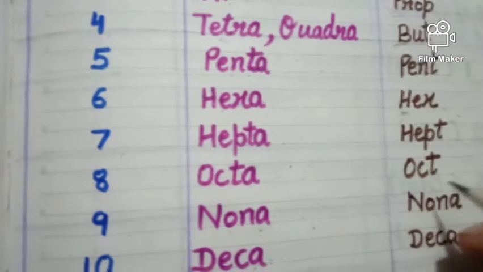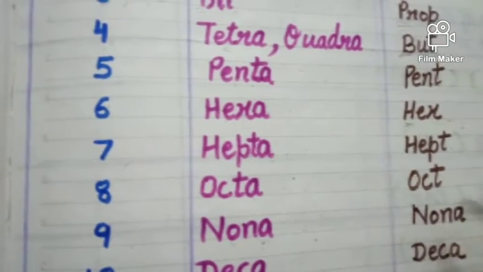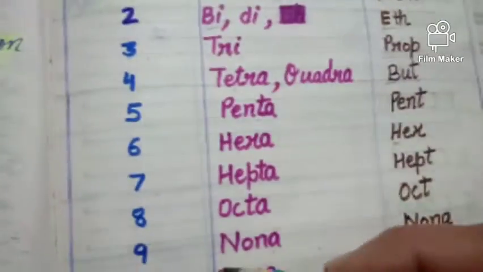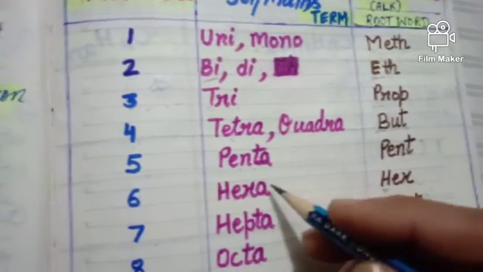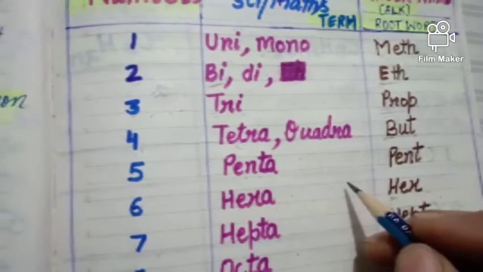And similarly so on for further counting. And these are the most important 1 to 10 numbers which are used in the terms, which are very helpful for understanding the terms clearly.